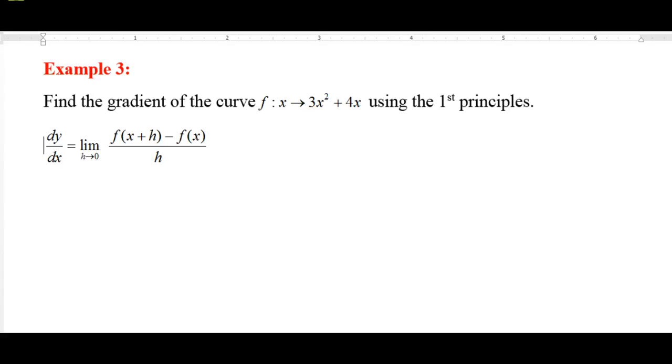Okay, so if you have your dy/dx, then you have your limit as h approaches 0, then you are going to write this function.